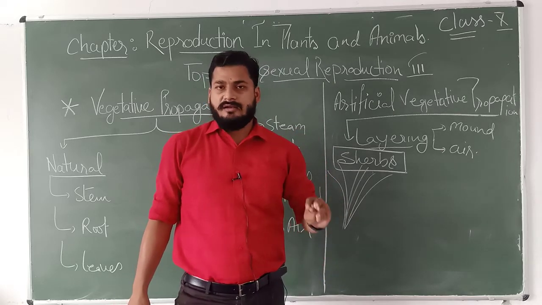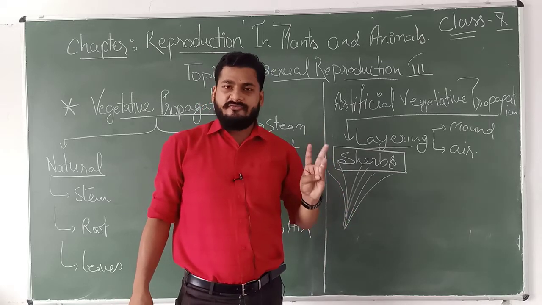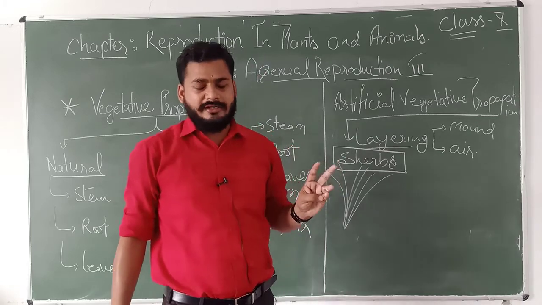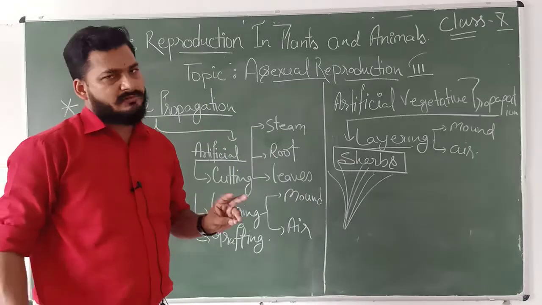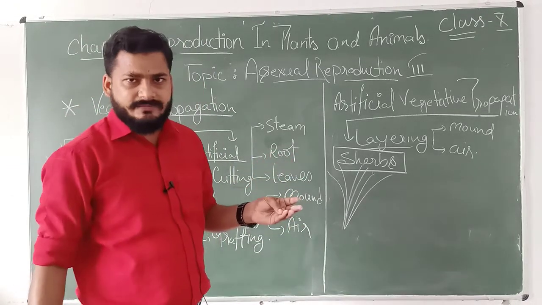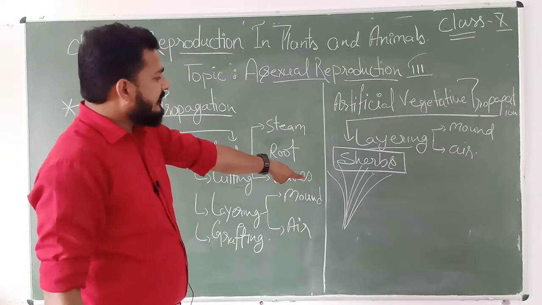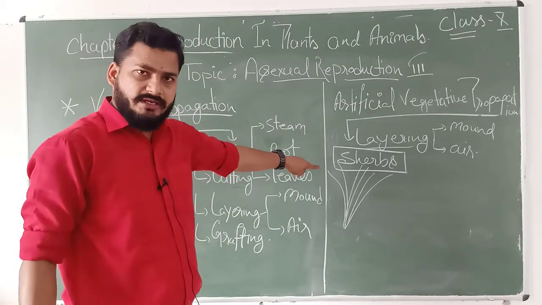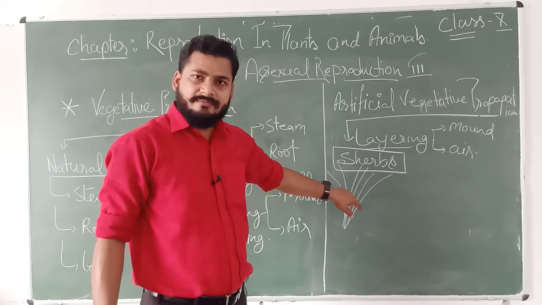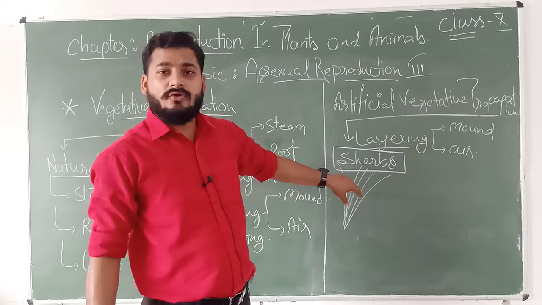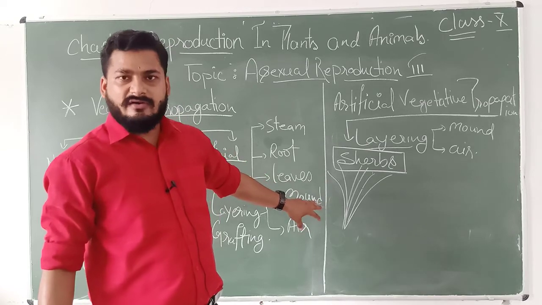Shrubs are larger as compared to herbs, and are non-medicinal, generally non-fruiting and generally wild. Then come trees. We all know about trees. They are larger, they bear flowers, fruit, etc. So this is done in case of shrubs only, because this requires a flexible stem, and trees don't have a flexible stem. We can't do this in a mango plant or guava plant.